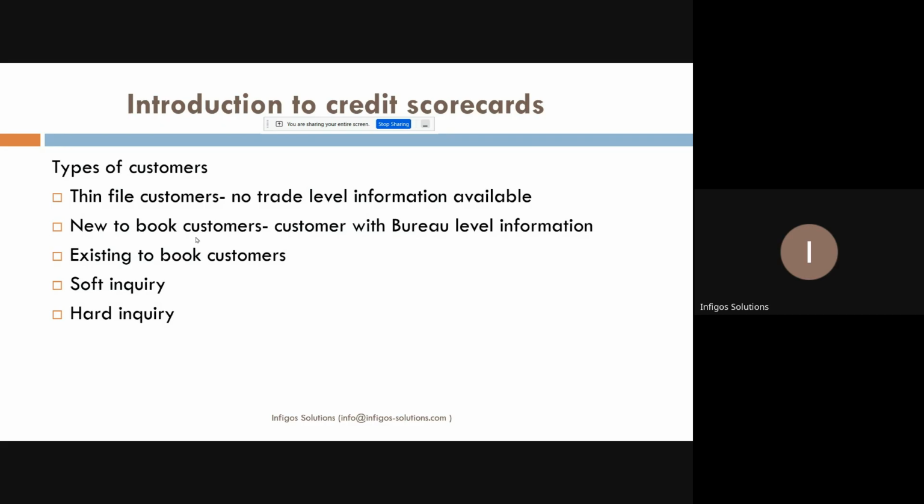Soft inquiry means it won't make any entry in your credit file, and the bank itself knows how to do it. They ask for some information, not all information. In a hard inquiry, they ask for all information, so it makes a record. If you make a lot of hard inquiries, your credit score goes down, because they take that as a negative. This is one of the parameters in the credit scorecard.